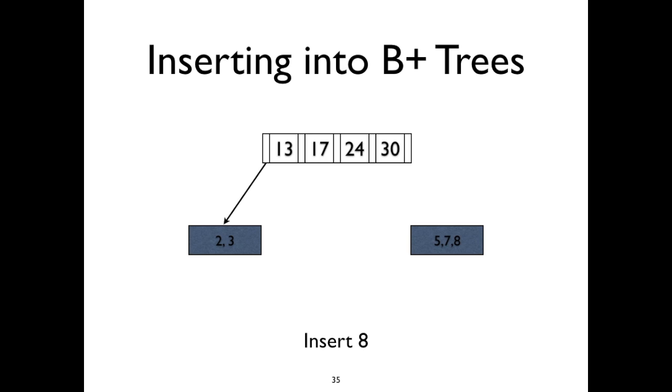All right, so now we've created these 2 new data pages. Now we have a little bit of a problem because we need to insert that new leaf page into the index structure. So I have my keys there, and I want to take that 5, which is a good partition point, and copy that into the non-leaf node that is sitting above the data page that I just split.